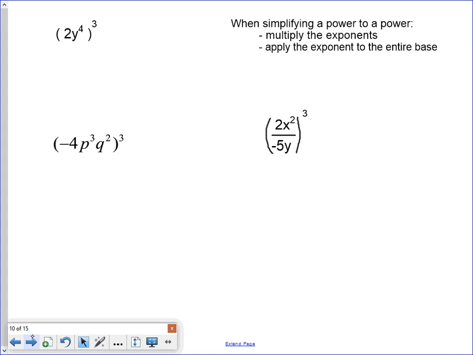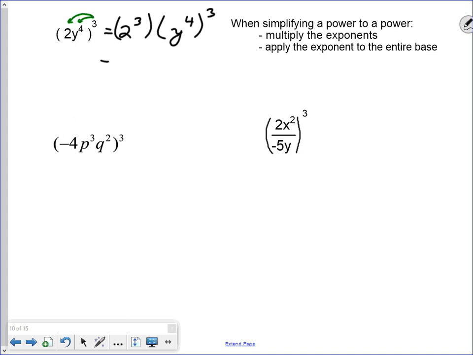So if I'm looking at this first one here, 2y to the power 4 to the power of 3, this exponent of 3 applies to the 2, and it applies to the y to the power of 4. So I can think of this as 2 to the power of 3 times y to the power of 4 to the power of 3.